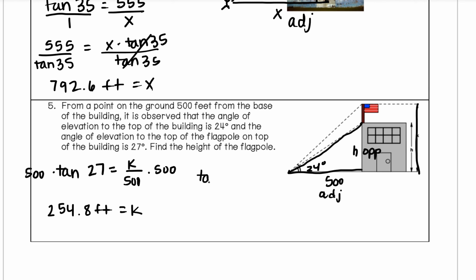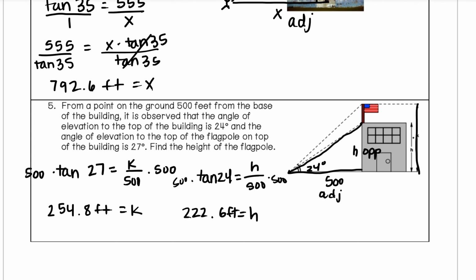So this time we're going to say the tangent of 24 will equal our opposite h over our adjacent 500. Again, we'll multiply by 500 on each side, and that's going to get us 500 times the tangent of 24 degrees this time. And that leaves us with an h value of 222.6 feet.